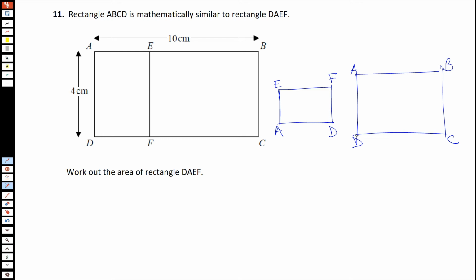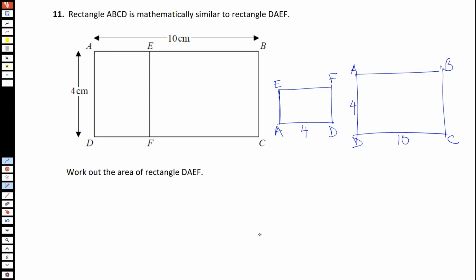Now for a rectangle, this is easy because you know that opposite sides are equal anyway. So for example here, we know that the length for this AD is 4, and we know that the length for the larger one is 10. We also know that the width for the larger one is 4 here.